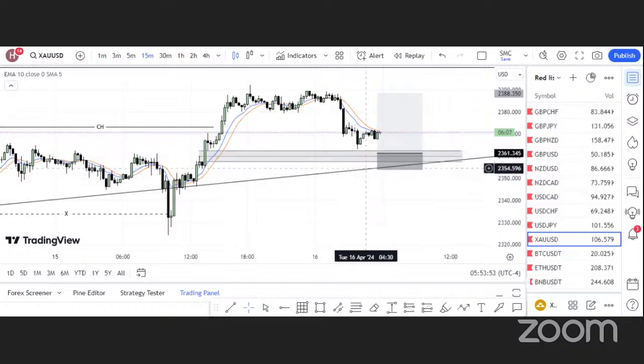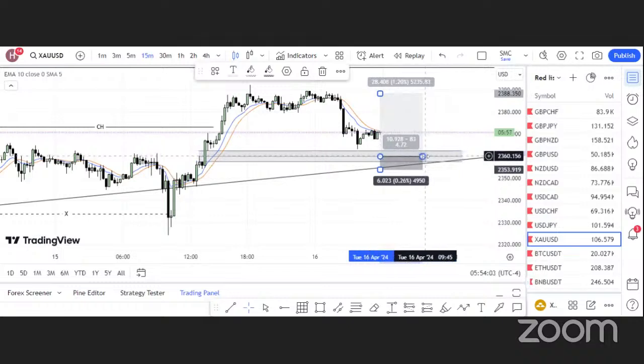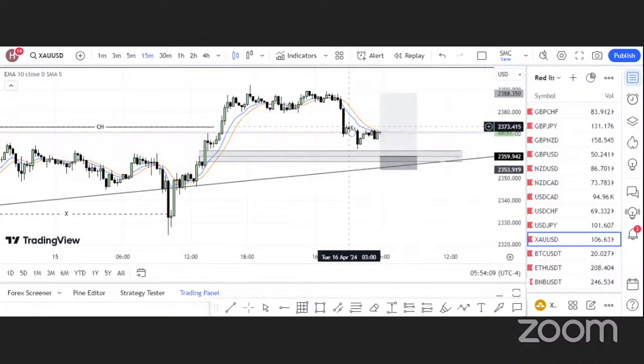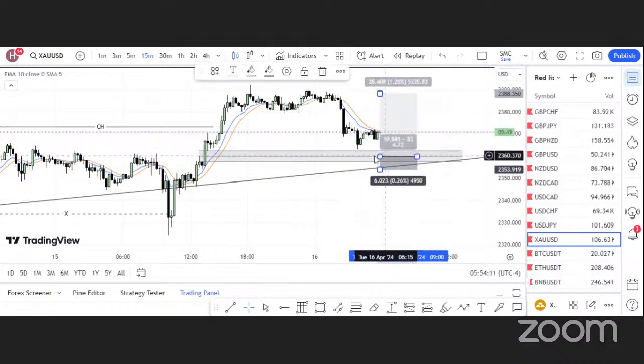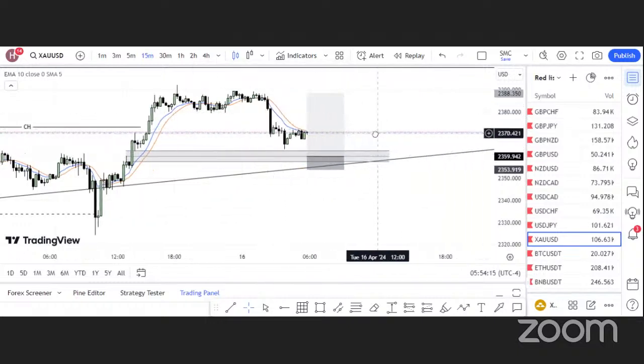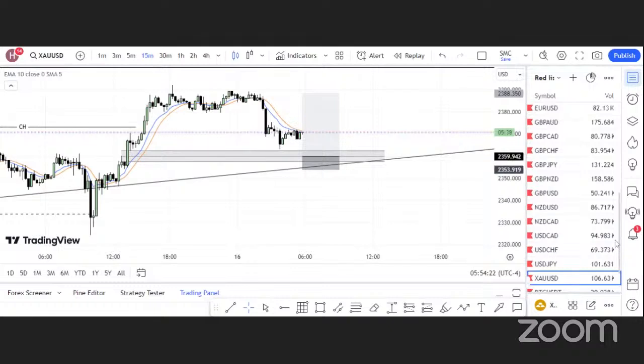So I want the market to come back into this gap, possibly the 50% of the gap. And once I get a rejection from this point, I'm going to place a buy position. Okay, so the time is almost against us.